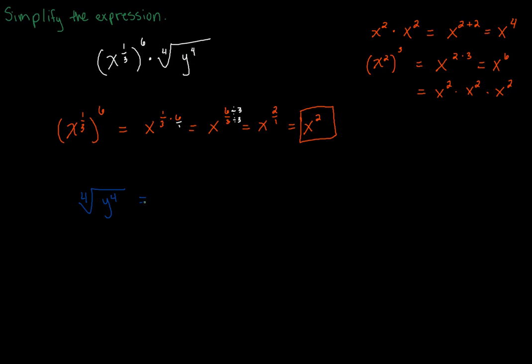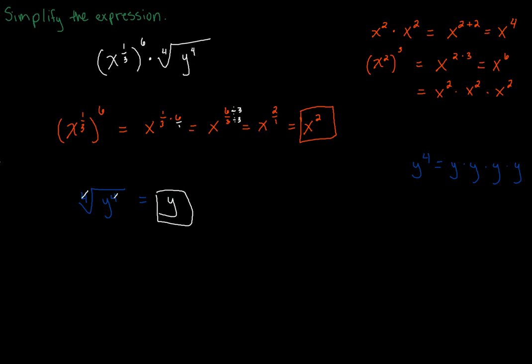Well, y to the 4th is the same thing as y times y times y times y, and that is already 4 pieces. y fits into y to the 4th 4 times, so we're just taking those 4s and canceling them out. So we're left with just y.